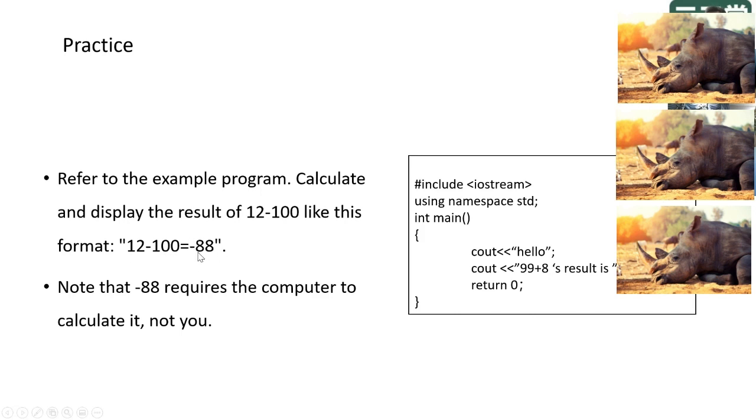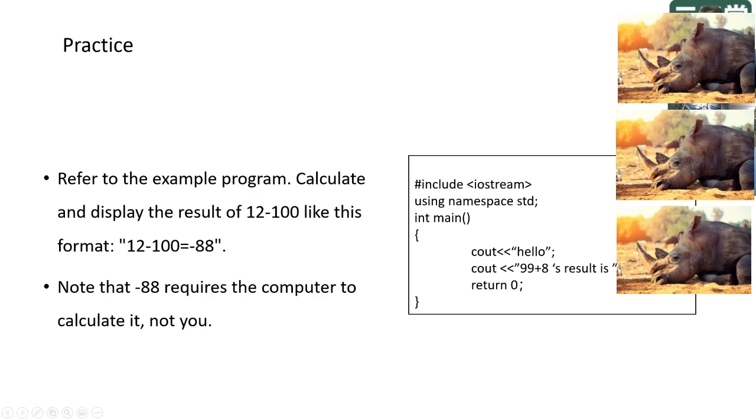But remember, this negative 88 should be calculated by the computer. I mean, you imagine that you do not know the answer to 12 minus 100, okay? You cannot do this math. The computer knows. So you let the computer help you to calculate this.